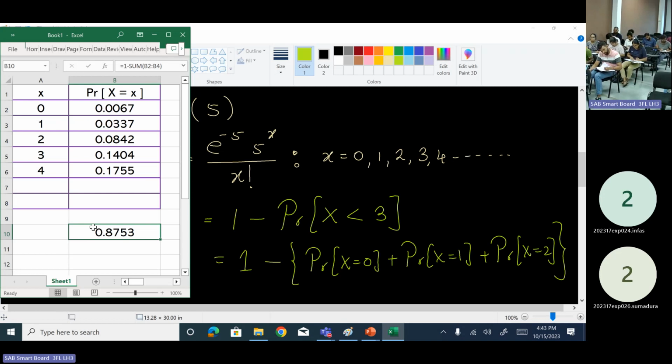The values are there. These 3 values, add and subtract.